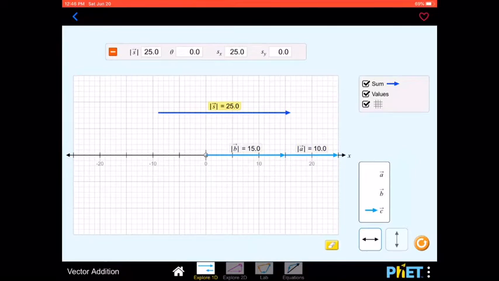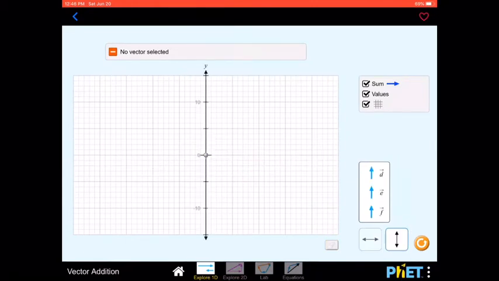Okay. And let's say that's along that coordinate line. In that coordinate line, we could have a vector. Let's not have the value.